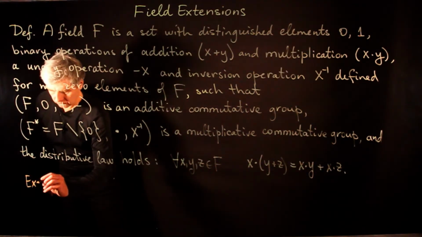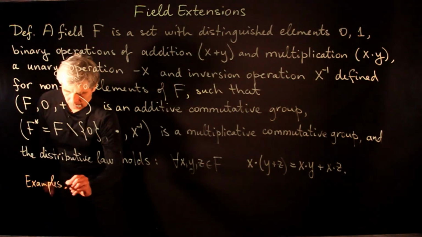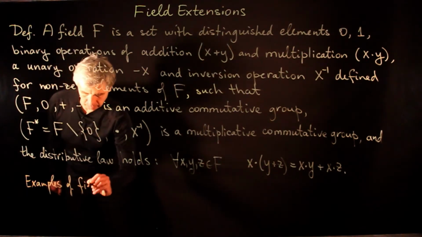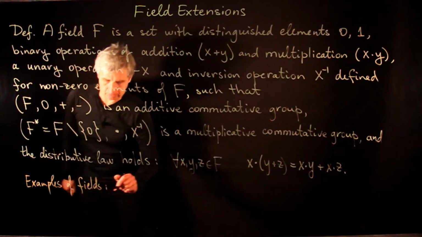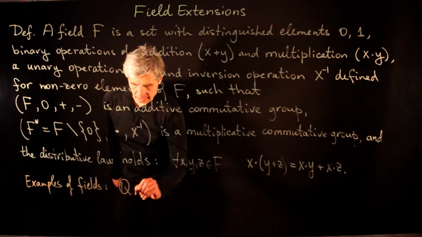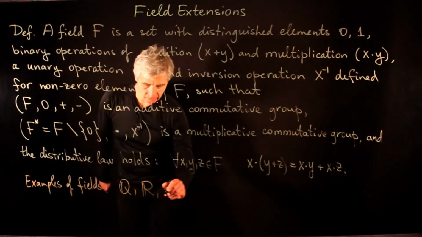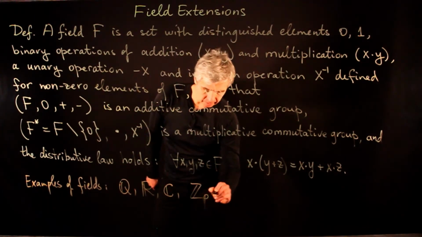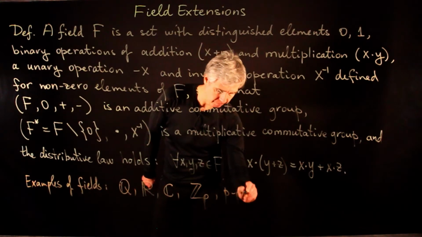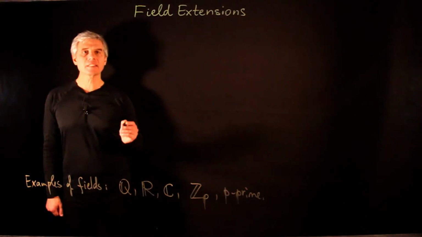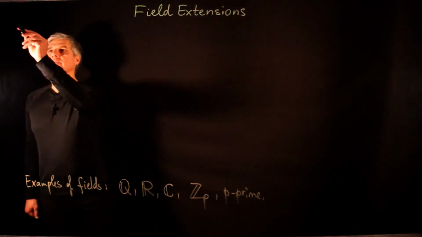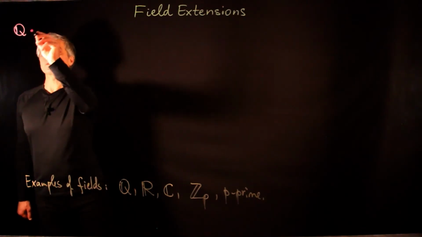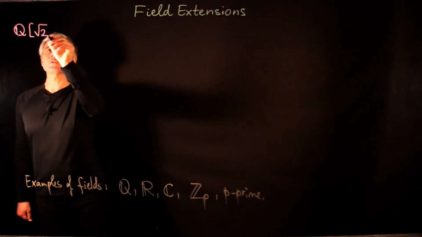Examples of fields are rational numbers, real numbers, complex numbers, and Zp, where p is a prime. Let us give an example of a field extension. Consider the following set, Q of square root of 2.